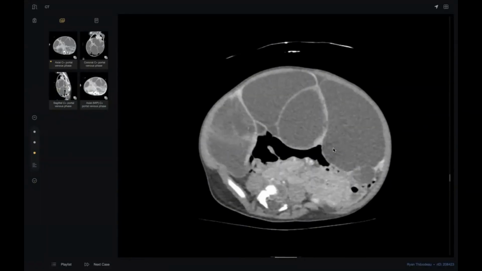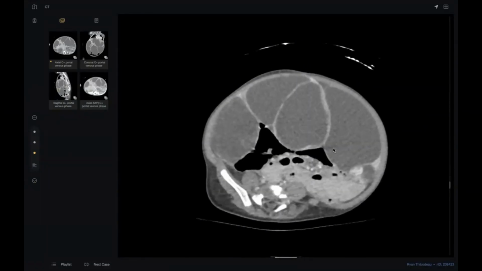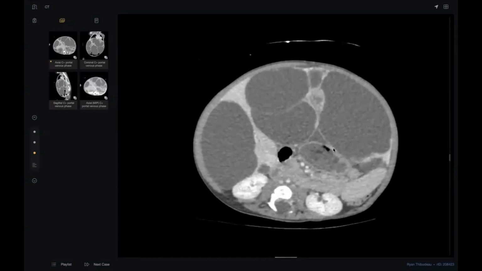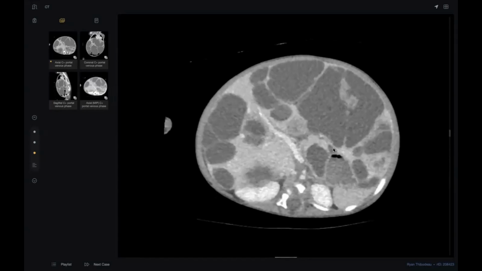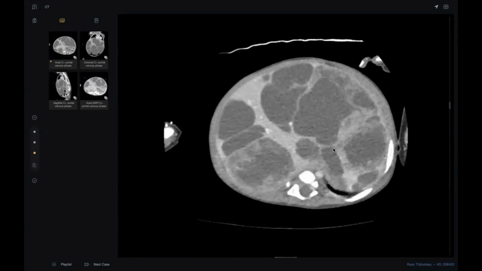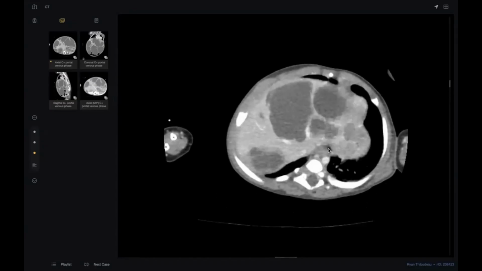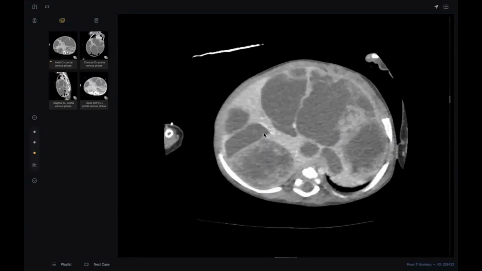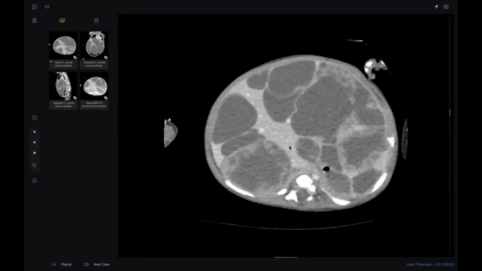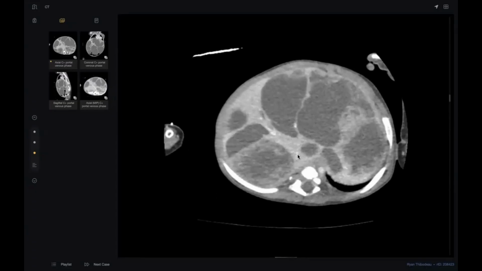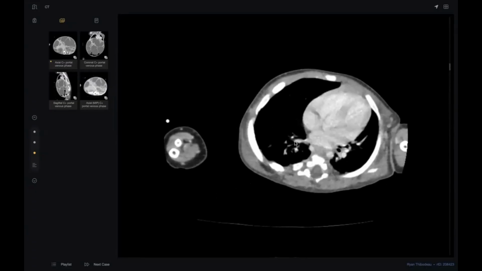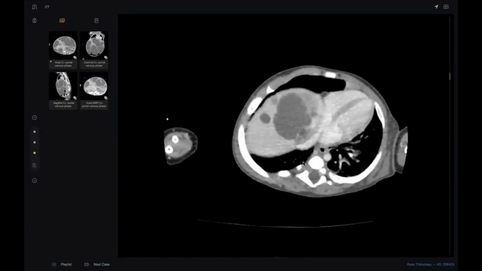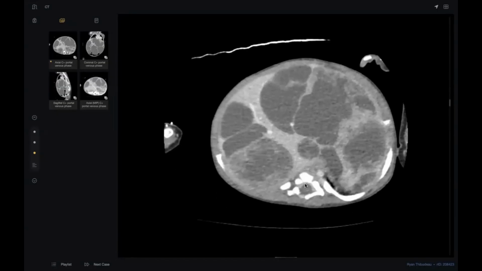The liver is markedly enlarged in size, and it shows multiple variable cystic areas. There is also peripheral enhancement in some of the surrounding cystic areas. The right kidney, both kidneys are normally excreting the contrast.